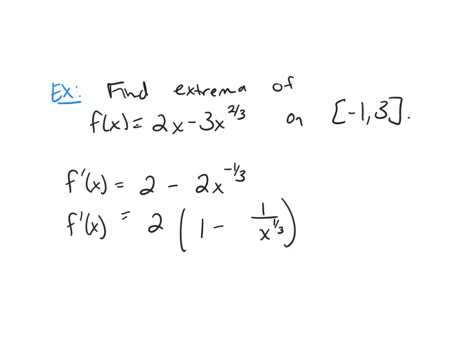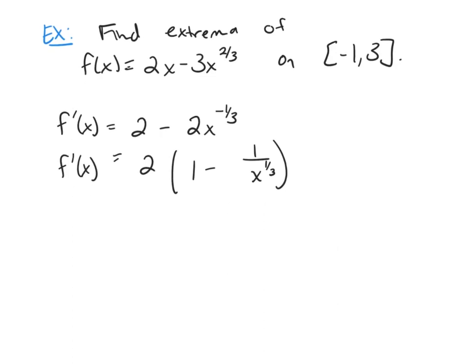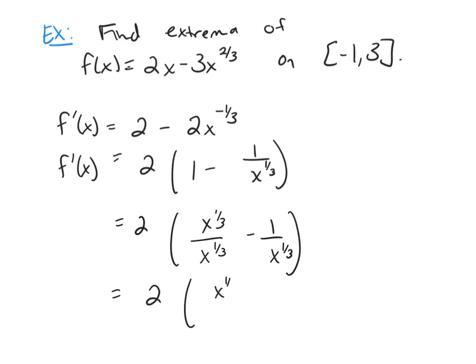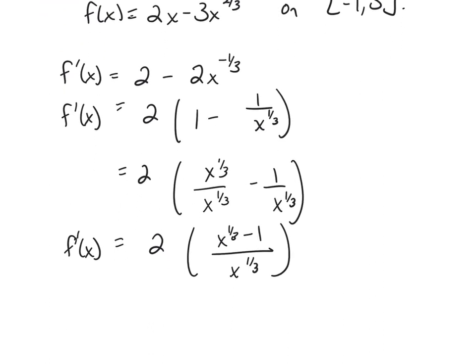I'm going to rewrite it so it has a positive power. And then I'm going to get a common denominator. My common denominator would be x to the 1/3. And so this would be 2 times x to the 1/3 minus 1, over x to the 1/3. So there's my derivative.